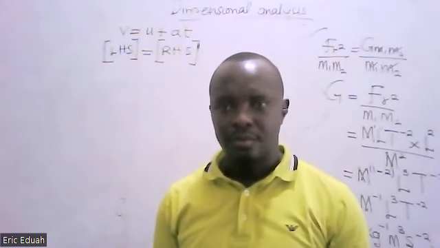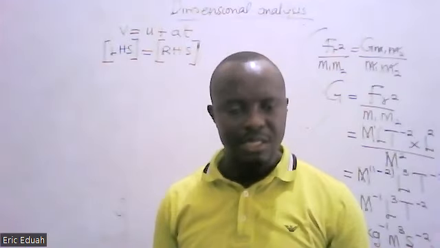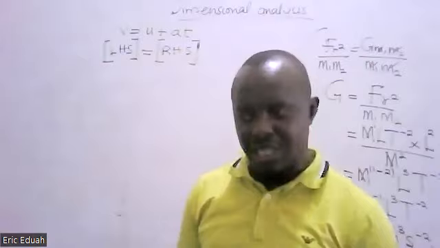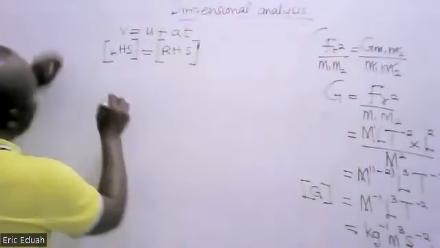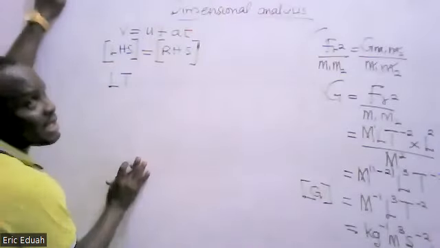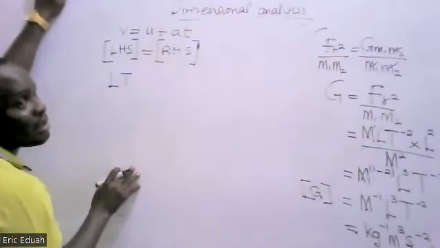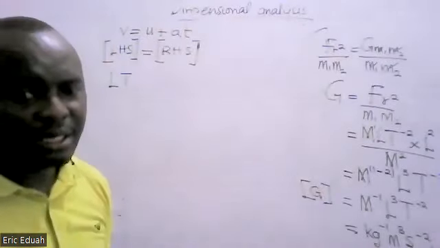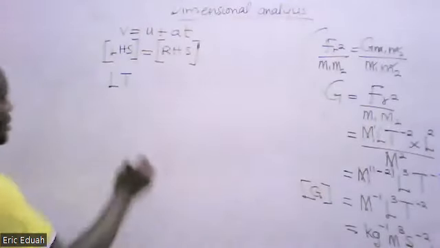Yes, Alexandra, it is LT negative 2. Good, because that is velocity. So LT negative 2. LT negative what? Negative 1.